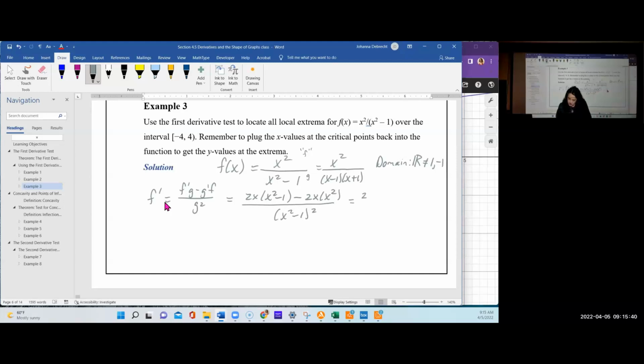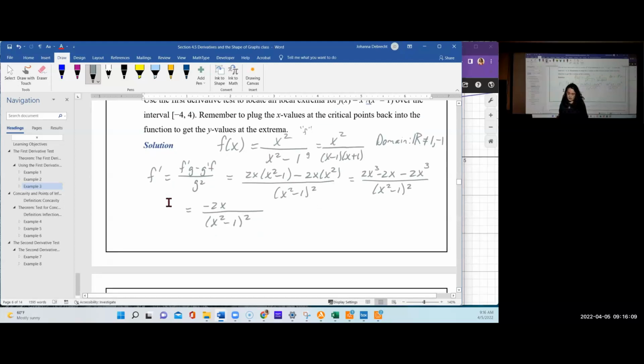So this would give me 2x cubed minus 2x minus 2x cubed, all over (x squared minus 1) squared, which ends up giving me negative 2x over (x squared minus 1) quantity squared.